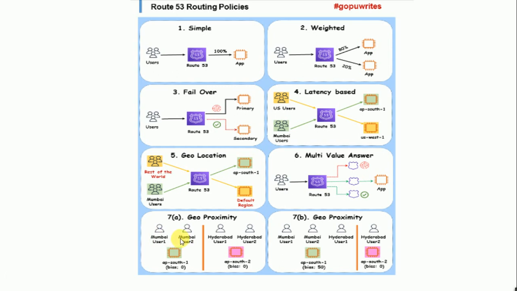So Mumbai users, based on region or location, get a response from that particular location. With geoproximity, if there is more load on a particular location, then the response comes from AP South 1. So these are the different routing policies supported by AWS Route 53.